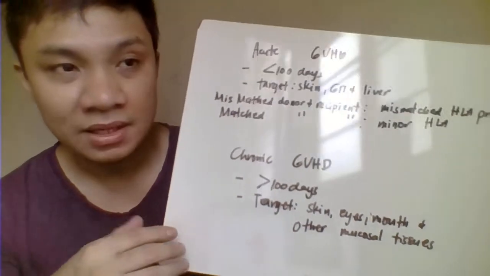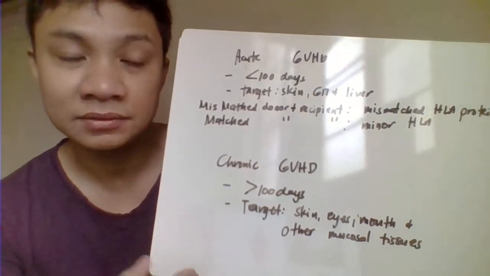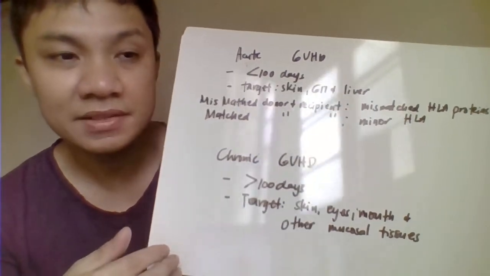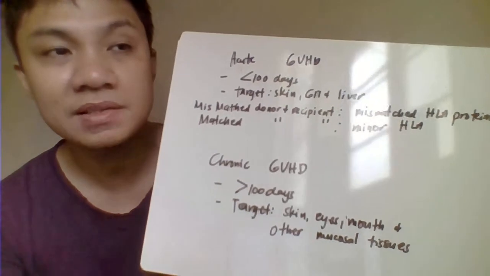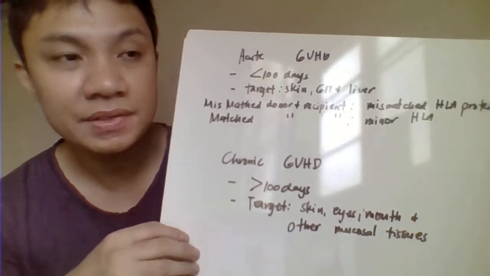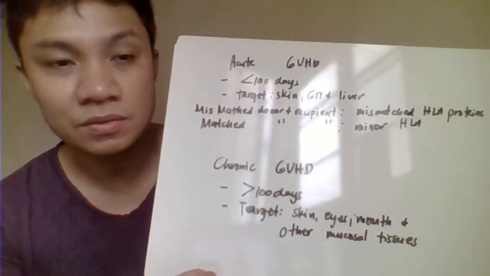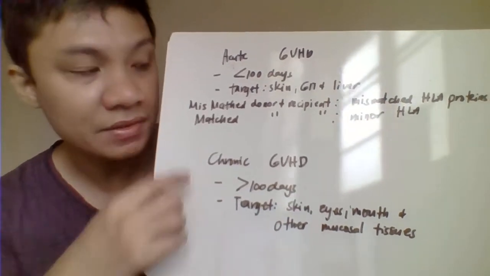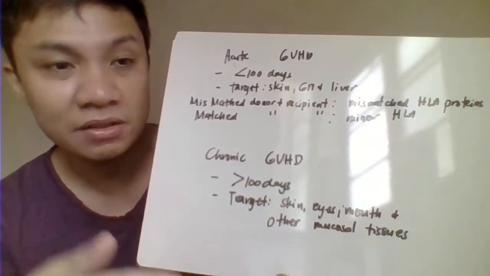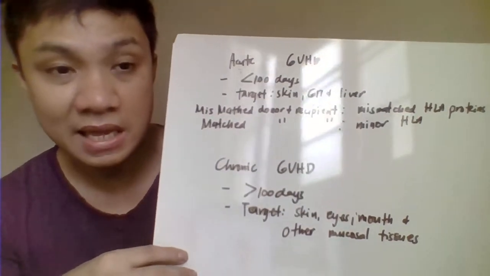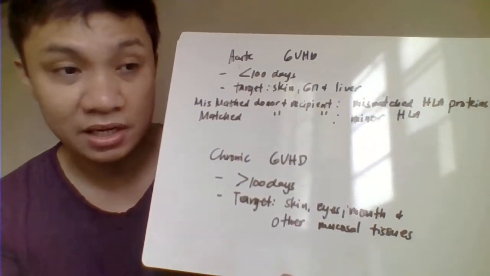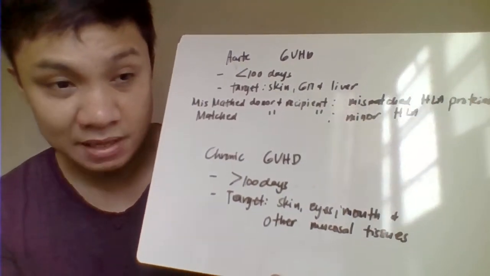Okay, so nagkakaroon siya ng destruction because, number one, if there is a mismatch between the donor and recipient, your transplanted tissues containing the immunocompetent T lymphocytes will target the mismatched HLA, with your HLA antigen in your recipient.